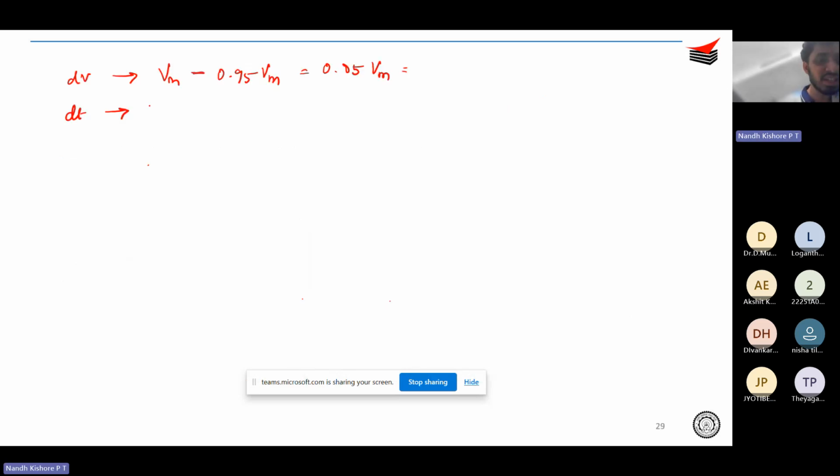We calculated the discharge period as 161.8 degrees. In time, this is omega t. Omega t is equal to 161.8, so t is 161.8 by omega. Omega is 2 pi f, 2 pi into 50. So what is dt?